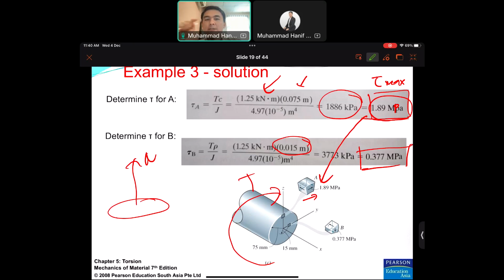But for shearing, because the angle is involved, we have to calculate the angle. So the angle is shearing strain. Okay, the last slide was shearing stress. This time around is shearing strain.